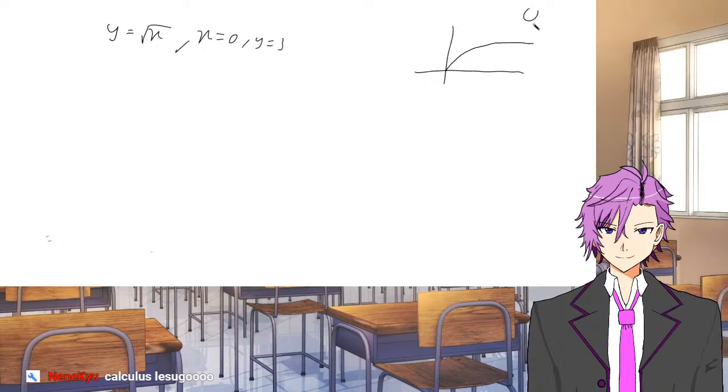This is x squared, but if we flip it like this, this would be y squared. So y has to be singled out, so we'll do a square root. This one would be square root x.